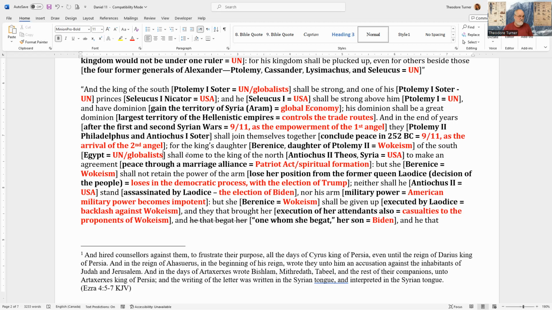Now, nor his arm. This is the military power of the United States. It becomes impotent. That is what the United States was doing, especially we could see under Trump, but even long before that, is it provides this security. And if Trump had been president, it's unlikely that the Ukrainian-Russian war would have occurred, and definitely what happened with Israel would probably not have occurred.